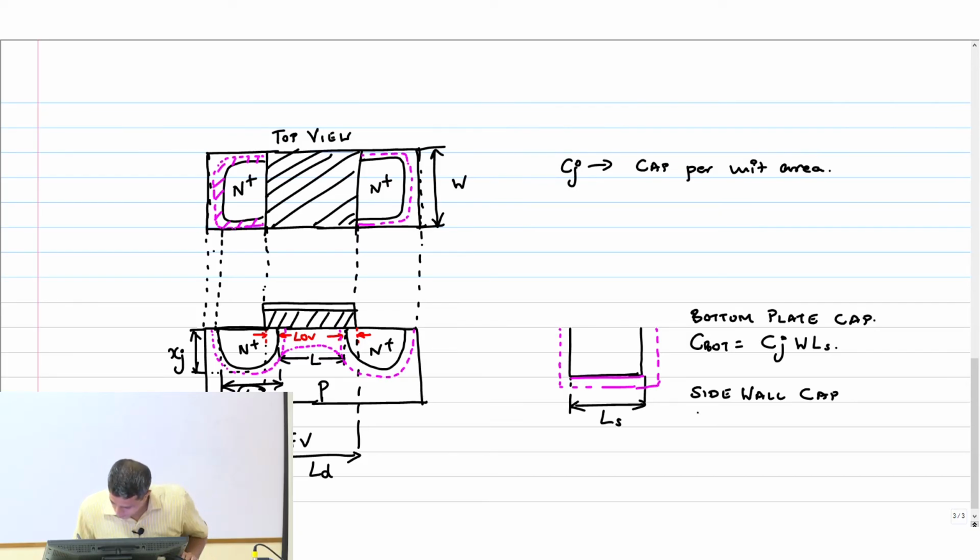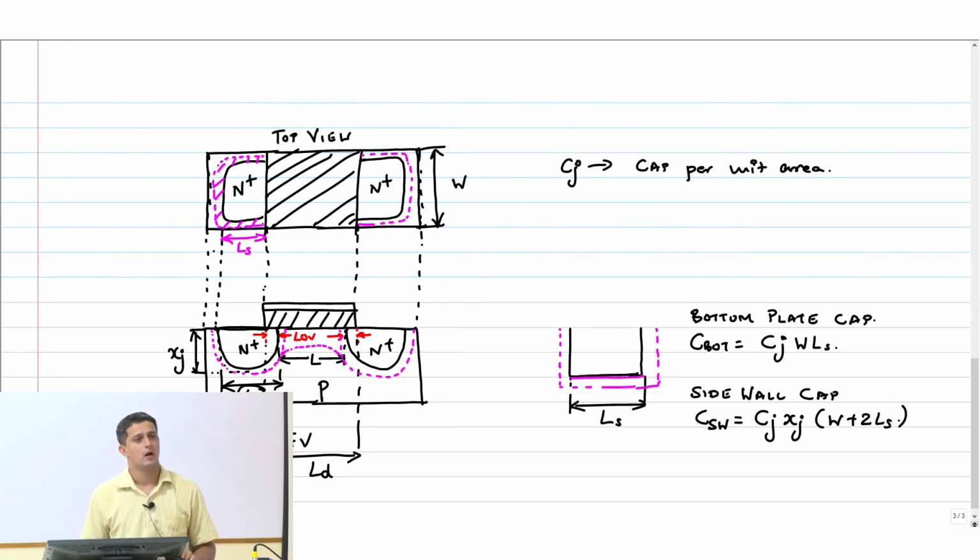C side wall is going to be Xj into W plus 2Ls, because this dimension is Ls and this other dimension is W. Total perimeter we are talking about is W plus 2Ls. So it is Cj into Xj into W plus 2Ls.